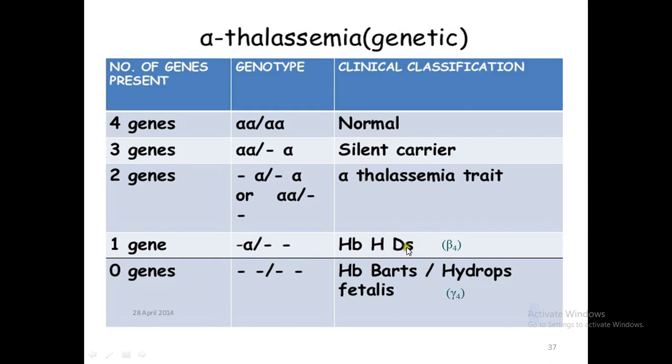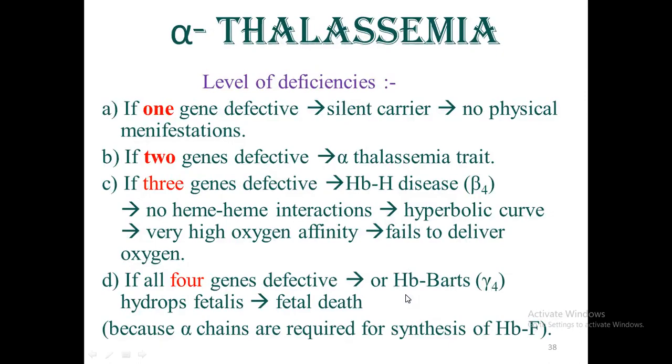This patient is going to show severe symptoms of alpha thalassemia, because all its 4 globin chains are beta. And if there are a 0 number of genes of alpha globin chain present in the genotype, then the genotype will be minus minus minus minus, meaning no alleles present. Then the hemoglobin is called hemoglobin Bart's. The child is said to have hydrops fetalis and he cannot survive.